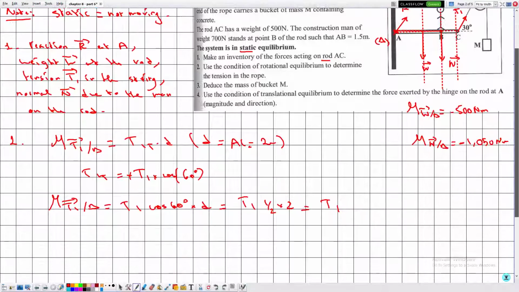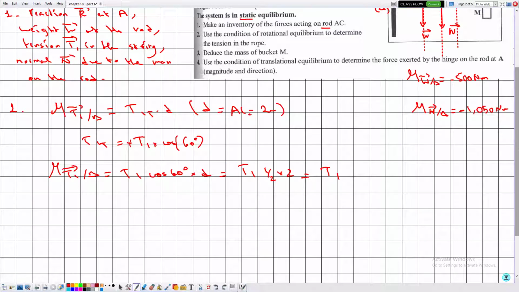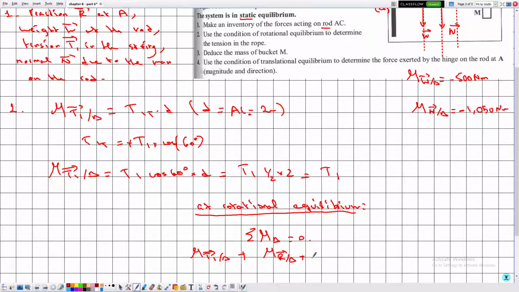Now we are ready to use the rotational equilibrium in order to determine the magnitude of T1. So let's say at rotational equilibrium, the sum of moments around the axis delta is equal to 0. We have the moment due to the tension T1 around delta plus the moment of the reaction R around delta plus the moment of the weight around delta plus the moment of the normal reaction around delta equal to 0.